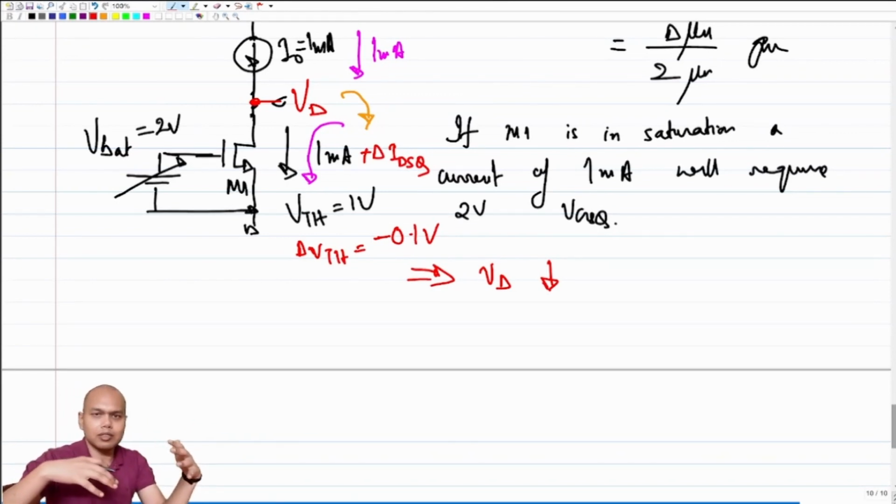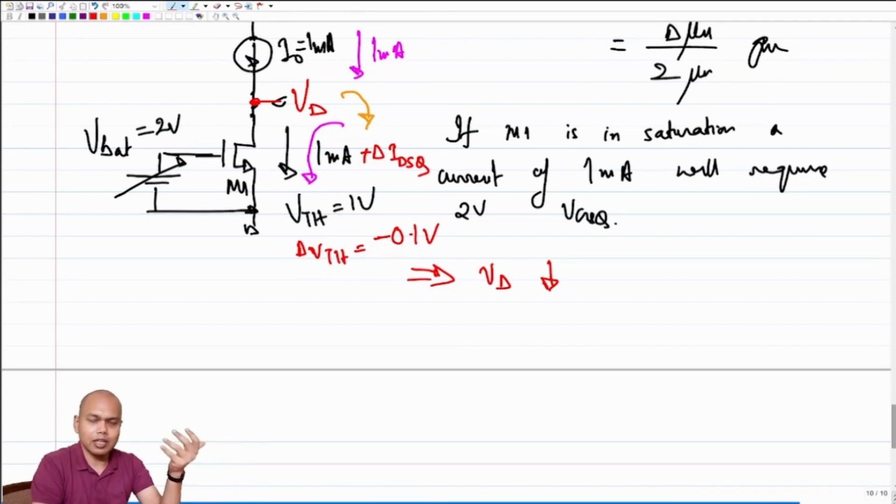But the moment the transistor enters linear region, the current of the transistor in linear region is dependent on the drain to source voltage. Since the current is dependent on the drain to source voltage, a solution will exist, and the solution will be such that the transistor is actually in linear region. Right?